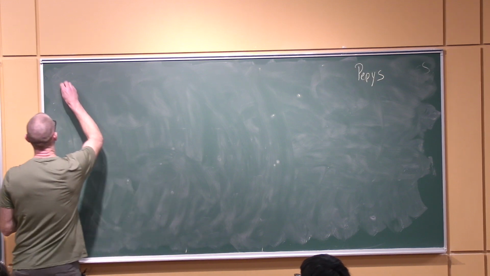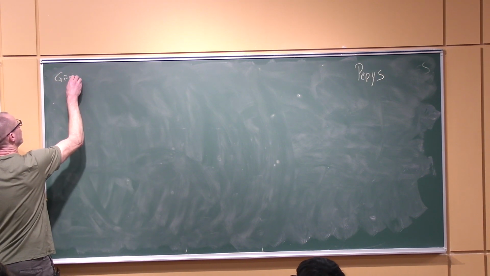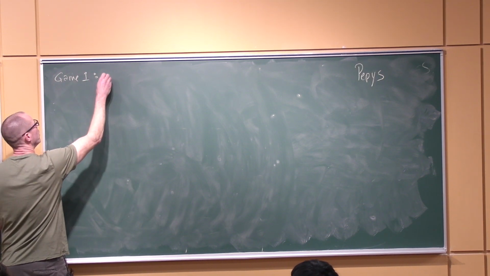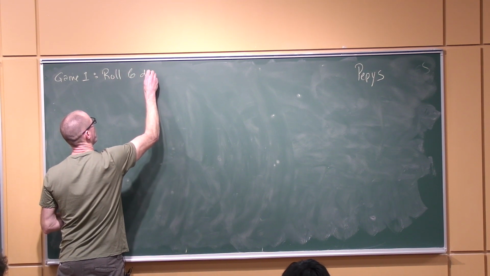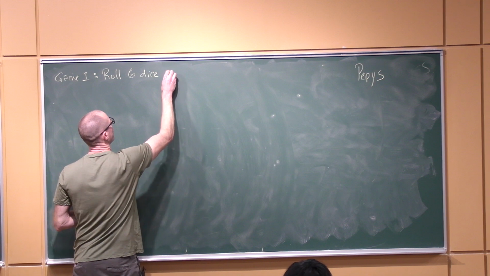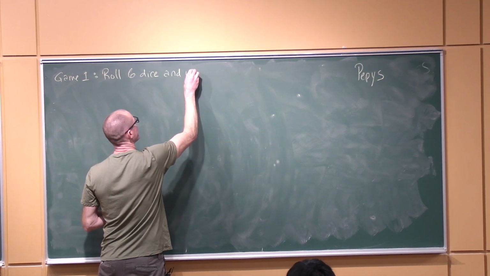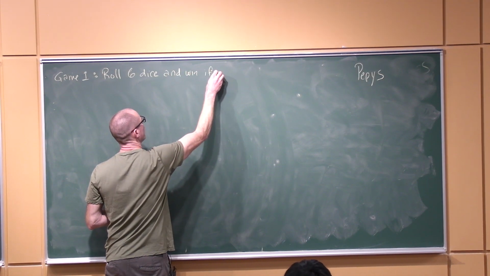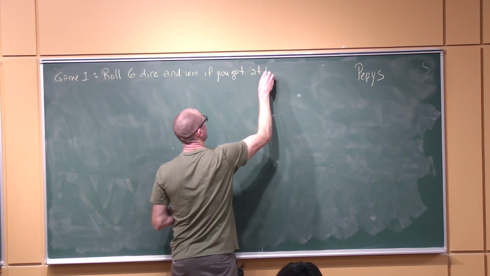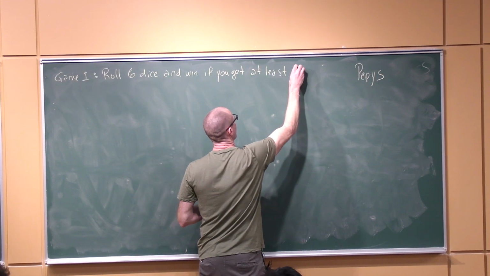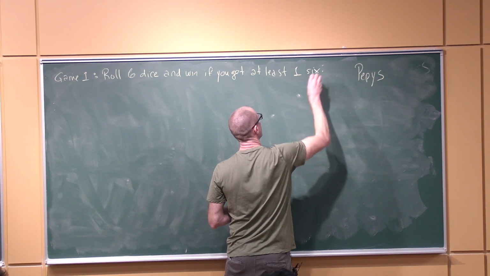So here's game 1. In game 1, you roll 6 dice and win if you get at least 1 6.